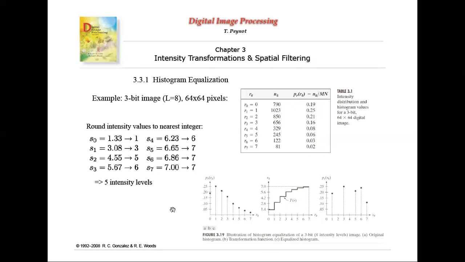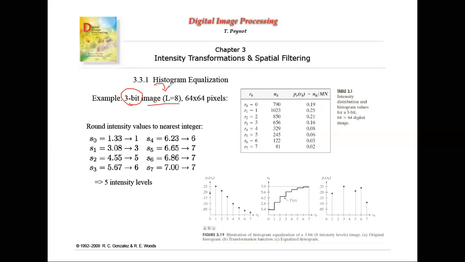Okay, so now here is an image. Listen carefully. What will be given in the input is a 3-bit image. When somebody says a 3-bit image, then automatically the number of levels L shall be assumed as 2 to the power 3.